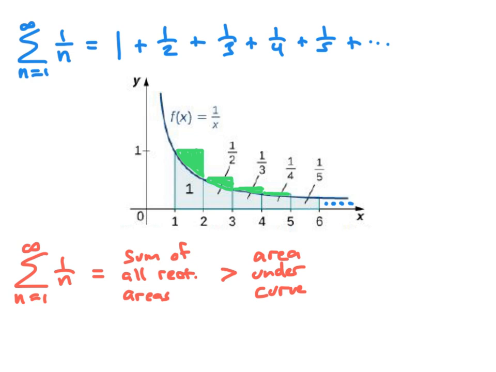And so these green shaded regions would be counted by our series, but would not be part of the area under the curve, which we know is given by the improper integral from 1 to infinity of 1 over x dx. And so here we've related our original series, n equal 1 to infinity of 1 over n, to the improper integral 1 to infinity of 1 over x dx.